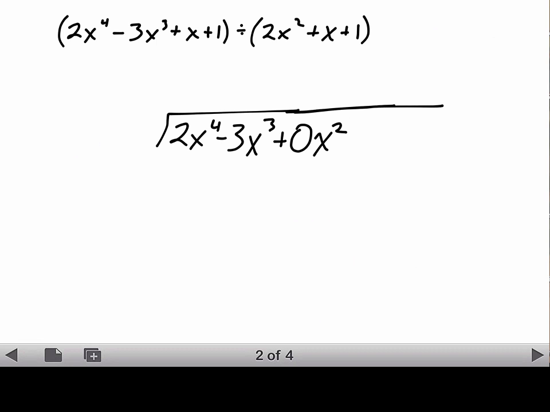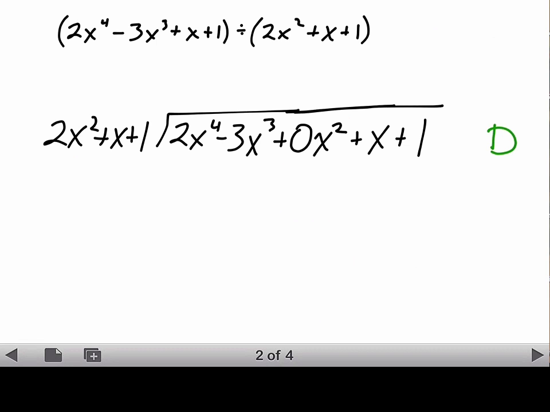You might remember that you were told 0 is a placeholder, and we're indeed going to use 0 as a placeholder in this case. Reasons for that will be evident in just a moment. That goes inside the division house thingy, and outside we've got 2x squared plus x plus 1. Now, there is this three-step process. In the first step, we divide.